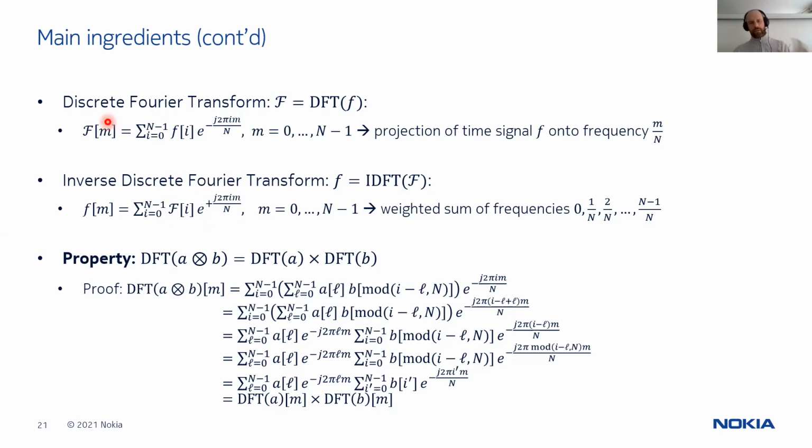The discrete Fourier transform is basically the inverse. In order to get these weights, you project the signal F onto a certain frequency.